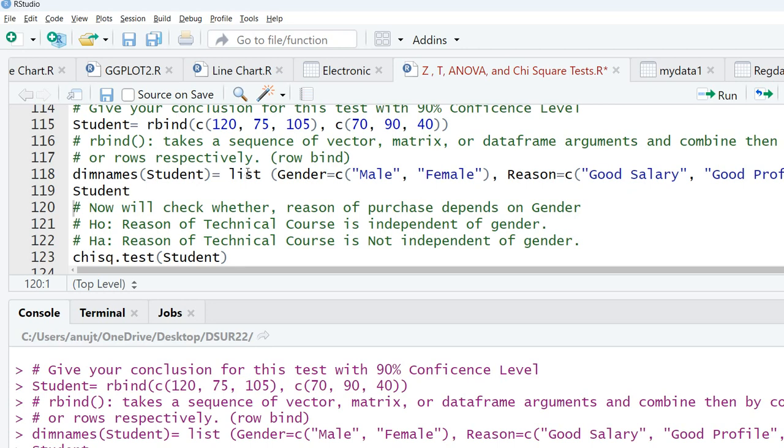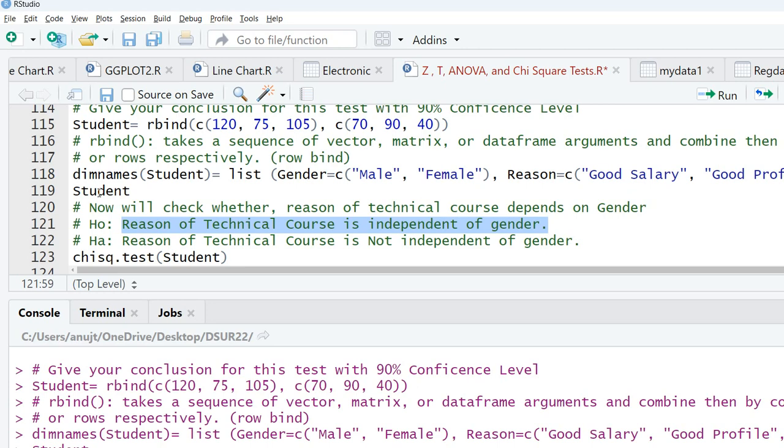Now we'll check whether the reason for doing a technical course depends on gender. So my null hypothesis is that the reason for doing a technical course is independent of gender, it is not dependent on gender.